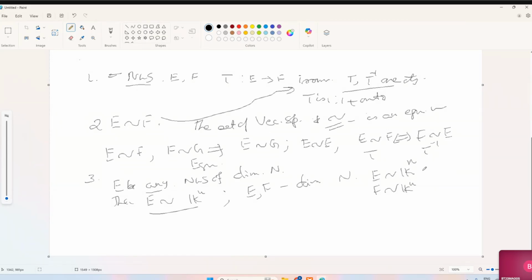This implies that E is isomorphic to F. That means if E and F are normed linear spaces of dimension n, then E is isomorphic to F. That is, all finite dimensional vector spaces of the same dimension are isomorphic to themselves.